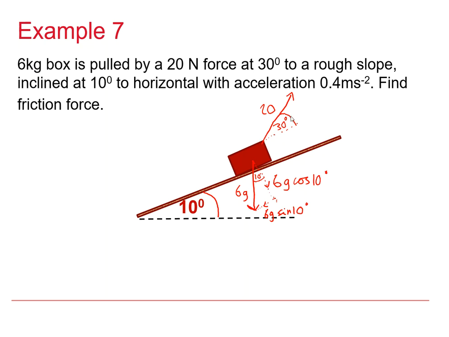We're also going to want to resolve this force here, so that will have a parallel component of 20 cos 30 degrees and a perpendicular component of 20 sine 30 degrees.